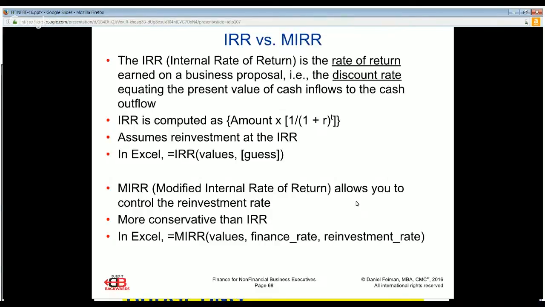Both tools are used, in fact, all 4 of these tools are used to analyze a project, but their approaches are different. With an internal rate of return, we're trying to calculate the annualized percentage return on the project to compare that to the organization's threshold or hurdle.